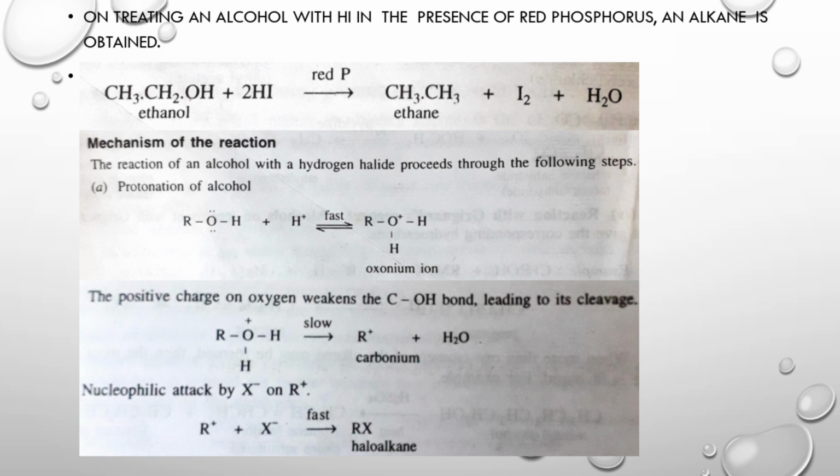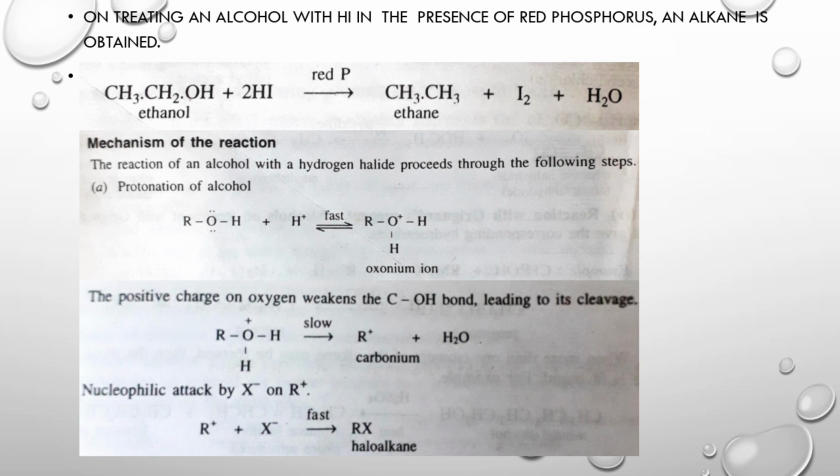Here the partial negative oxygen has a pair of electrons which gets bonded and forms the oxonium ion, which is of positive charge. The positive charge on oxygen weakens the carbon-hydroxyl group bond, the C-OH bond, leading to its cleavage, and the reaction is slow. The carbonium ion, R plus, and water are created here.